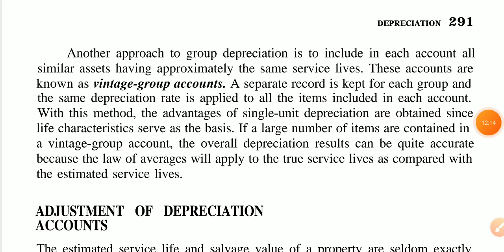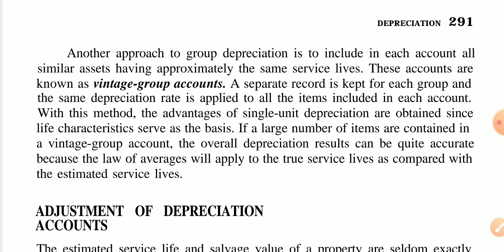Another approach to group depreciation is to include in each account all similar assets having approximately the same service life. These accounts are known as vintage group accounts. A separate record is kept for each group and the same depreciation rate is applied to all the items included in each account.